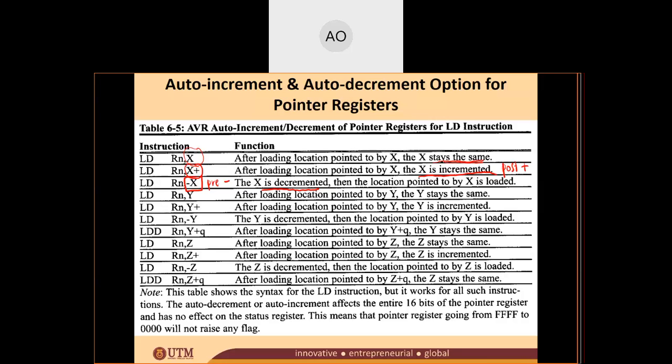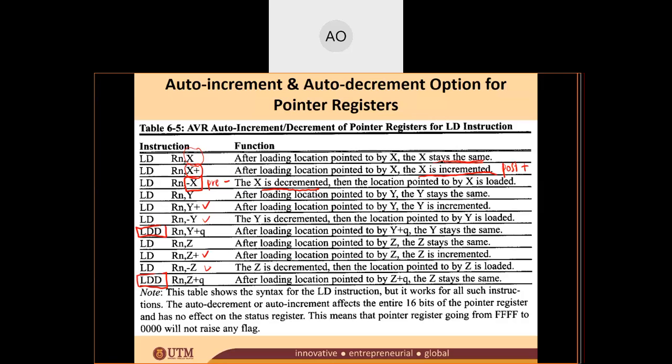Y and Z also have Y plus, minus Y, and Z plus, minus Z. Okay, and then we're going to see the LDD. This LDD instruction is only valid for pointer registers Y and Z. For the LDD, after loading the location pointed to by Y plus Q, the Y stays the same.